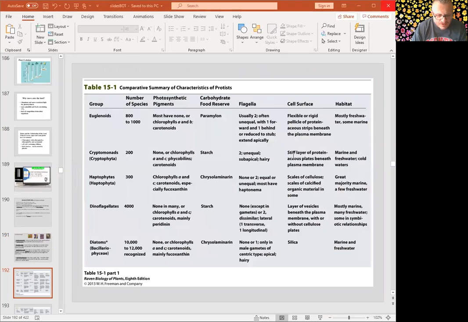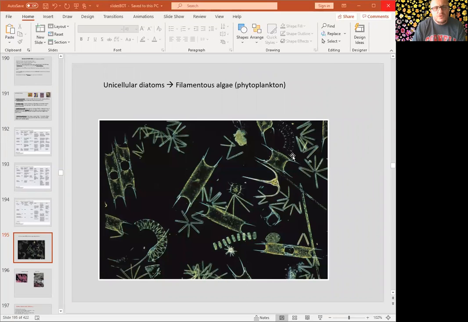So we have six divisions of the algae, including Chlorophyta, green algae, Phaeophyta, brown algae, Rhodophyta, red algae, and dinoflagellates, diatoms, and euglenoids. So here are unicellular diatoms, very colorful and with very high variation in terms of their diversity.